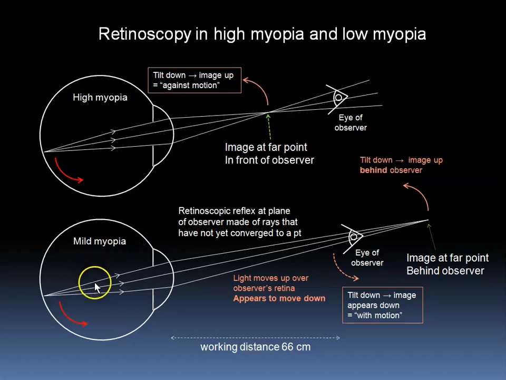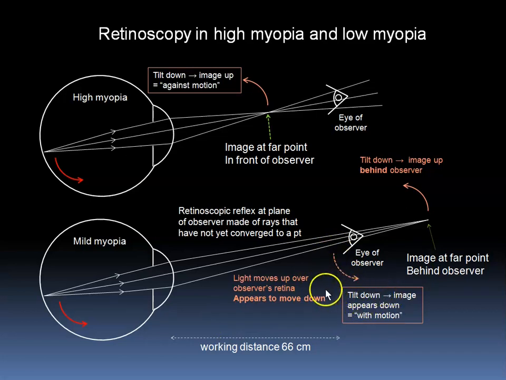In the case of the mild myope, we have the retinoscope light being moved inferiorly, and the image of the retina, which is now behind the observer, is moving upwards. However, now the uncrossed rays are moving up over the observer's retina and are perceived as therefore moving downwards in space.